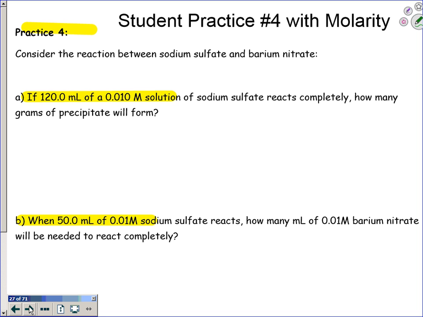It's sodium sulfate and then it's barium nitrate. Where's barium? Here next to it. Sodium sulfate and barium nitrate. Write down the 2 reactants.